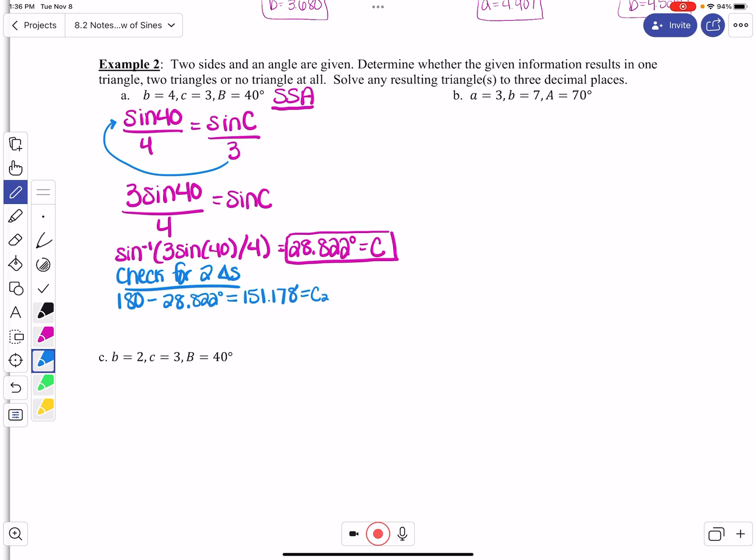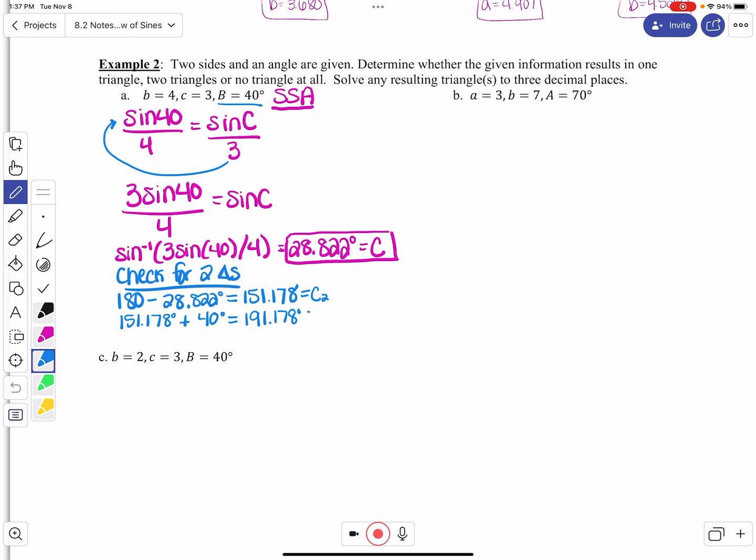So to test if this actually works, I take 151.178 and I add it to the 40 degrees. I'm adding it to this 40 degrees right here. And that gives me 191.178. Now that's a problem because when I added that, this is just 2 angles. This is my second C and that's my B for my original triangle.